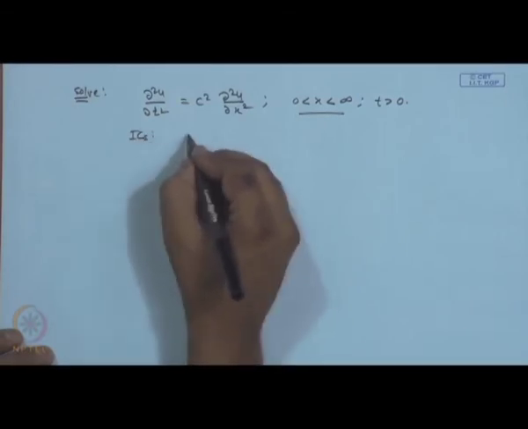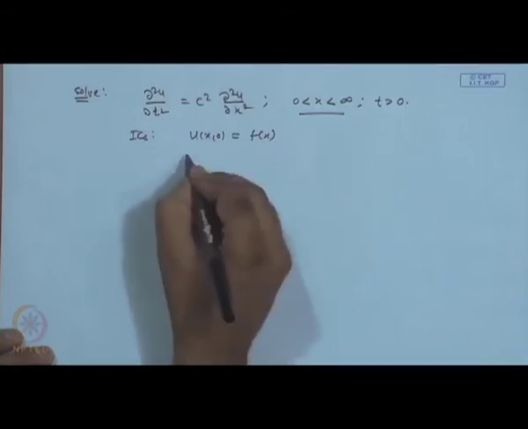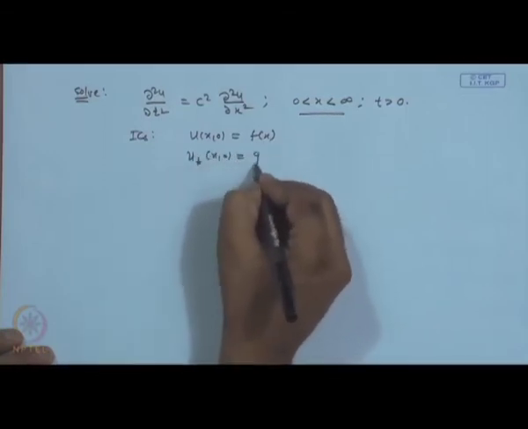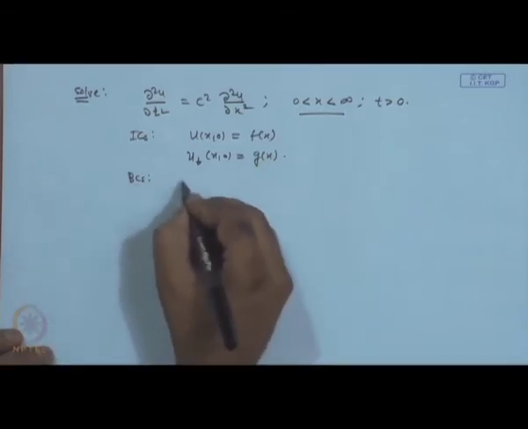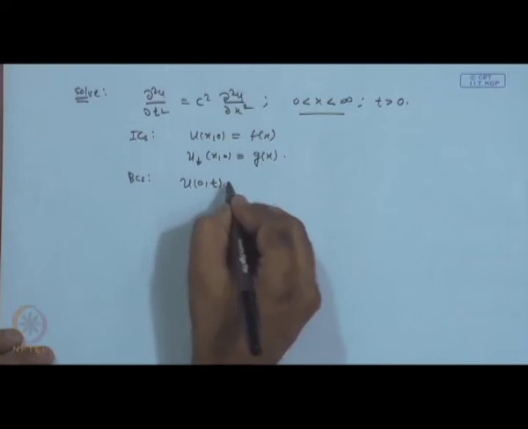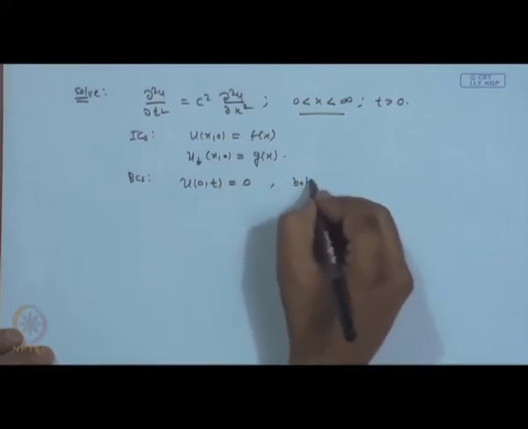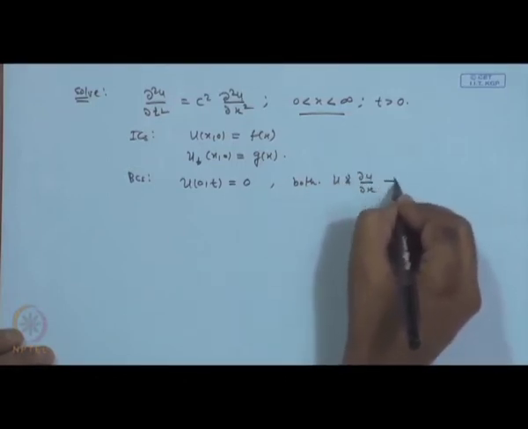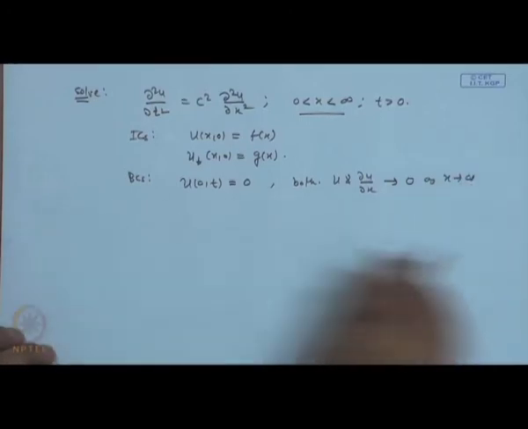So, initial conditions are u(x,0) is f(x) and u_t(x,0) is g(x), and boundary conditions are u(0,t). So, u is given at 0, and again both u and del u over del x go to 0 as x goes to infinity.